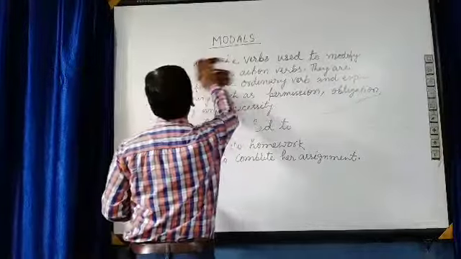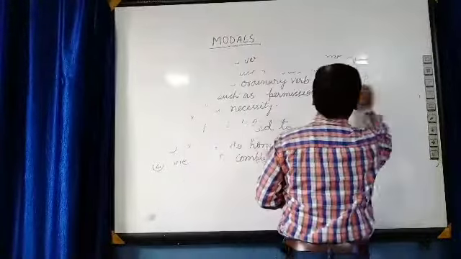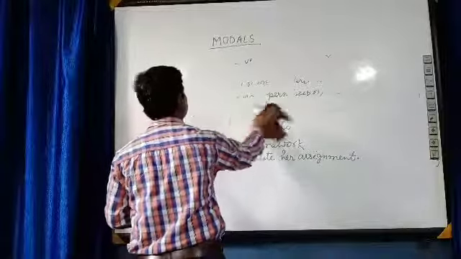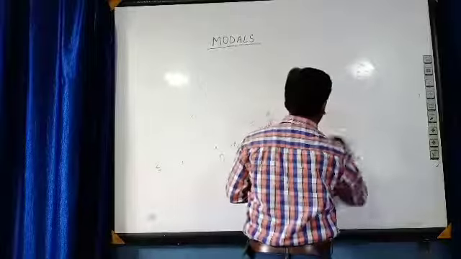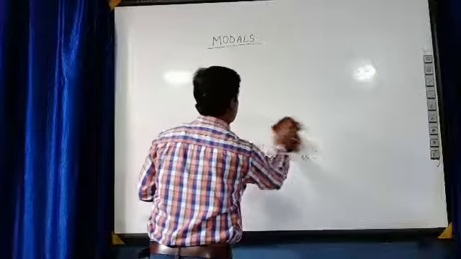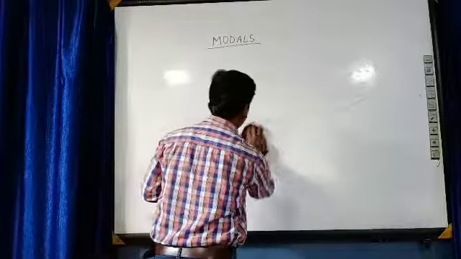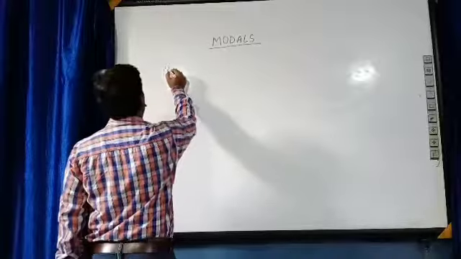Now the second thing I am going to apply is had to. Had to is also similar. It is used in the past form. The meaning and style will be the same, only the tense will be changed here.